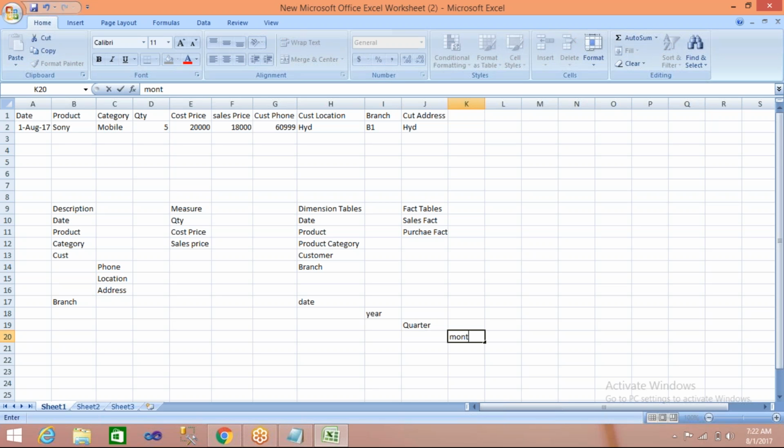The next level will be monthly information, then we need to display month. After that they want to see the weekly level, like week one, week two, week three, week four. So for the date dimension, they want to see this many hierarchies: year, quarter, month, and then week.